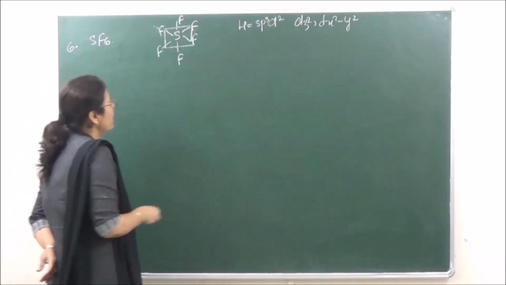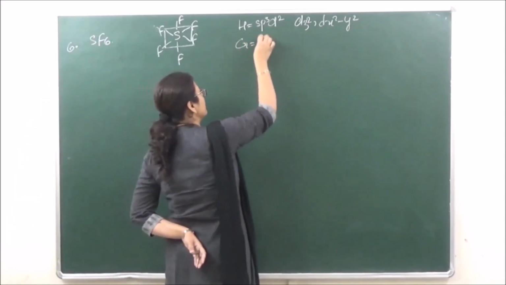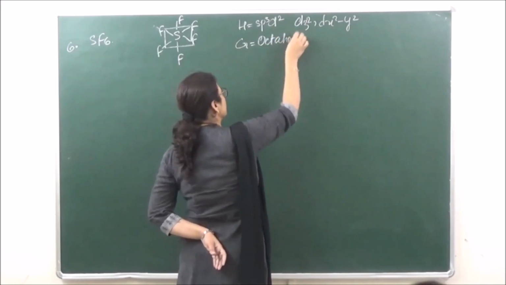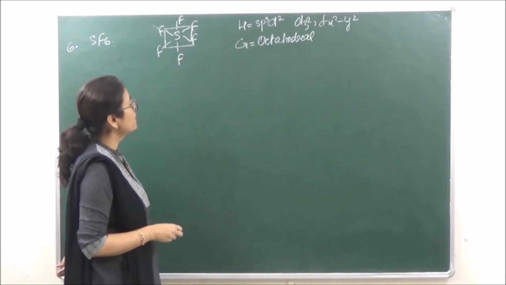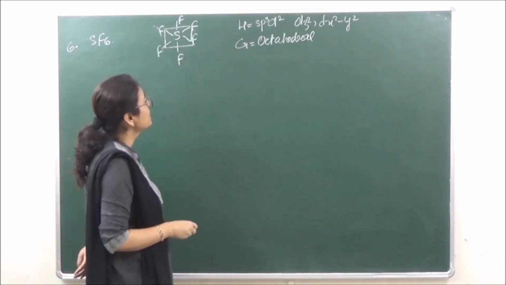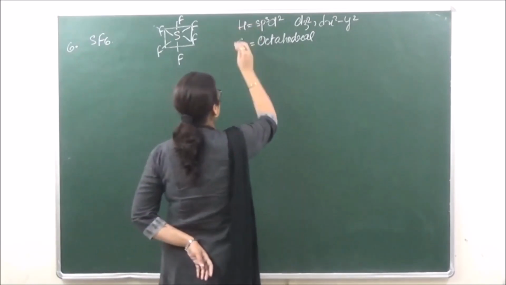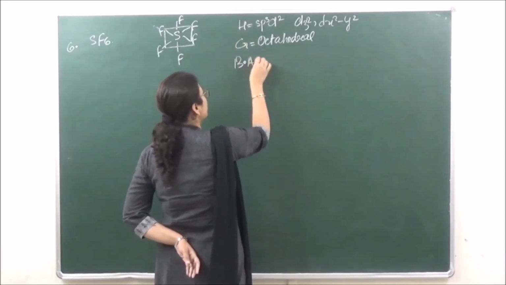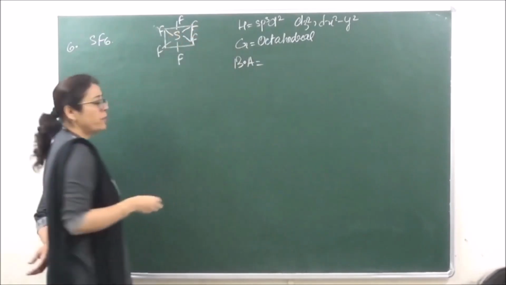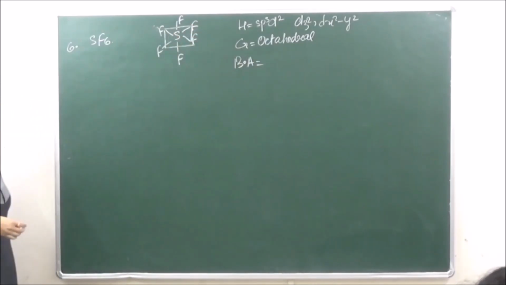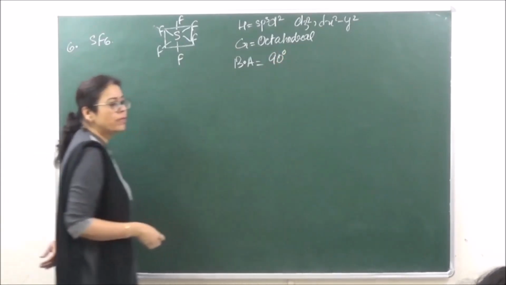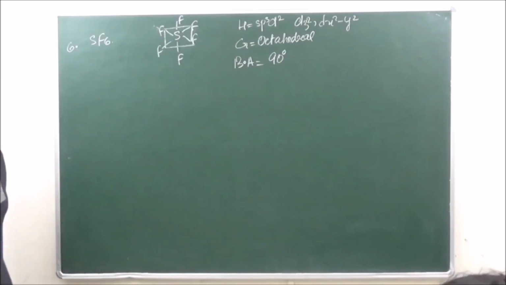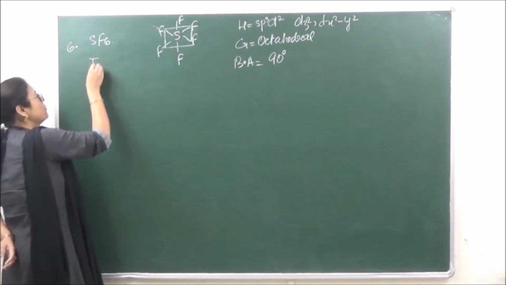Geometry is going to be octahedral, and then we have bond angles. Here you can see that there are 4 equatorial bonds and 2 axial bonds. But all bond angles are going to be equal to 90 degrees. Here, this is SF6.